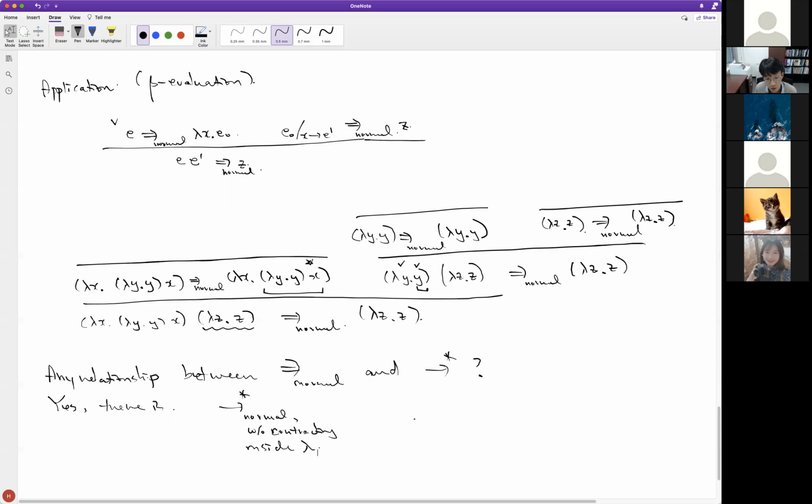It says to contract beta radixes in the leftmost and outermost manner. That's the strategy that we are adopting. And we put one more constraint, which says if some beta radix is inside a lambda, then do not contract it. So we make this normal order reduction more restricted. Let's call this NR, which means normal order restricted.